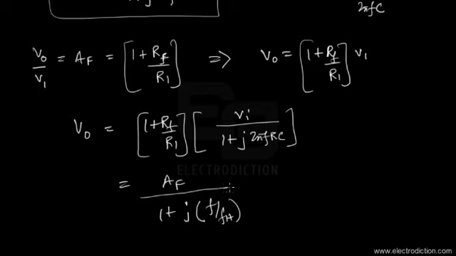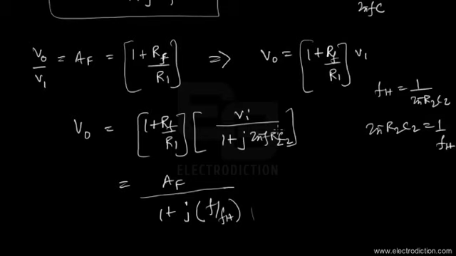If we simplify this expression a bit, we land up with this sort of expression. Here RC is actually R2C2, and you know that fH is equal to 1 by 2 pi R2C2. This means that 2 pi R2C2 is equal to 1 by fH.